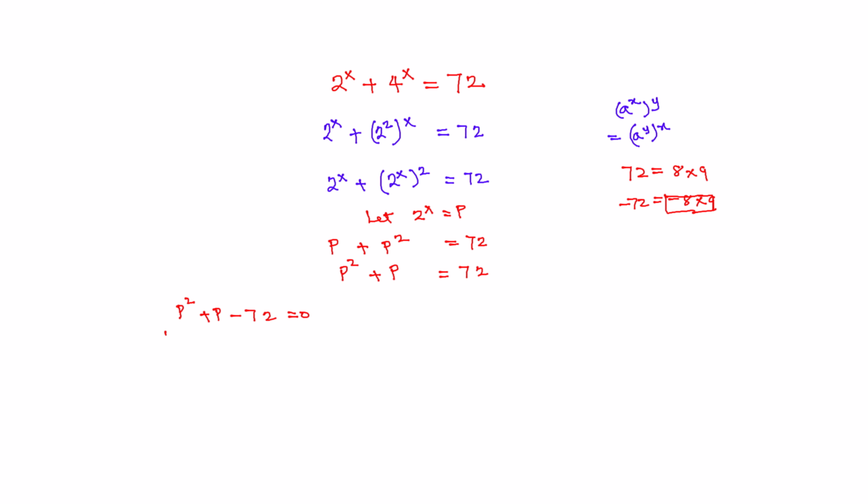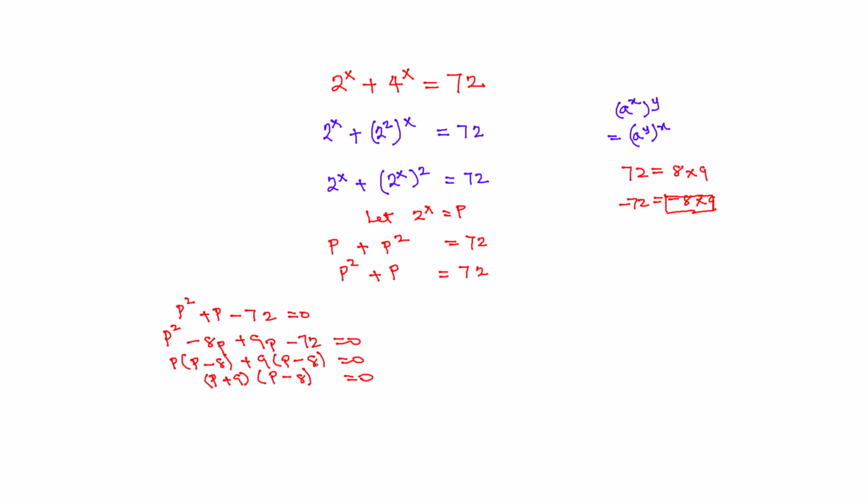So this becomes p squared minus 8p plus 9p minus 72 is equal to 0. If I factorize this, this gives me p into p minus 8 plus 9 into p minus 8 is equal to 0. So this is the same as p plus 9 into p minus 8 is equal to 0.